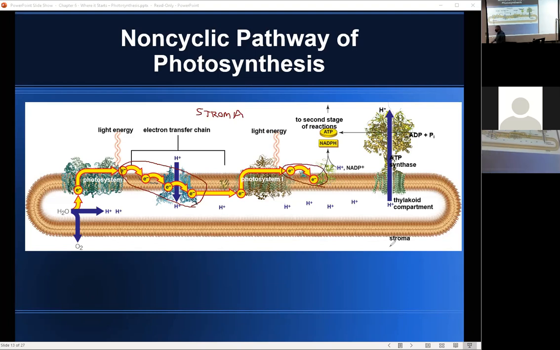What electron transport chains do is they hand off electrons from one component to the next. And you can kind of think of these as steps in a set of stairs.